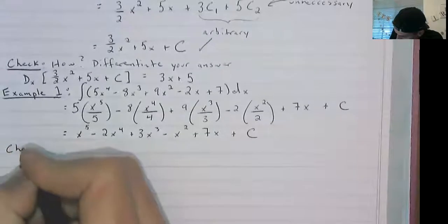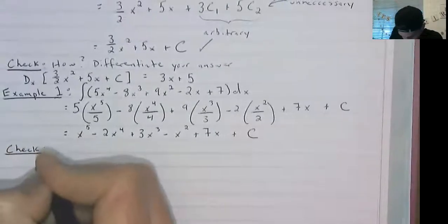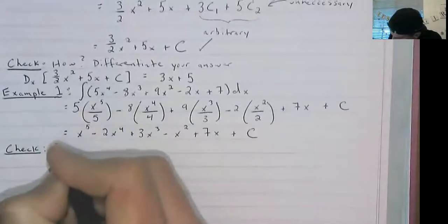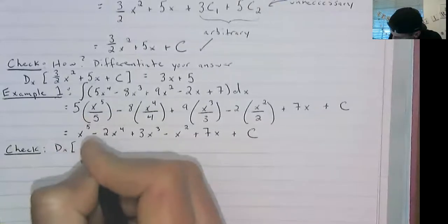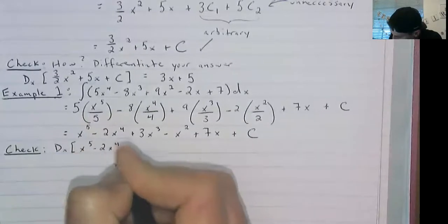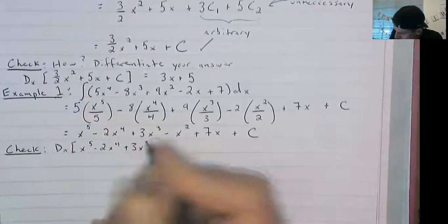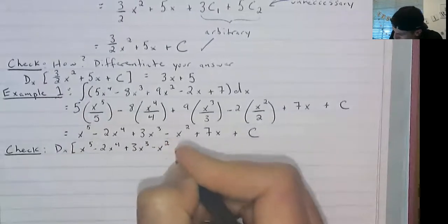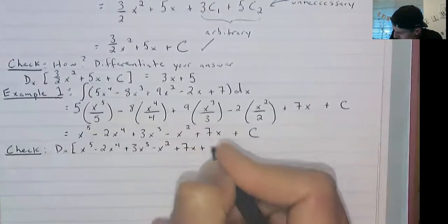We'll do our check. The derivative of x to the 5th minus 2x to the 4th plus 3x cubed minus x squared plus 7x plus some constant.